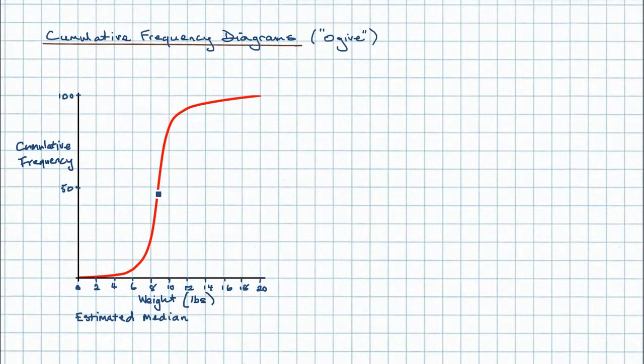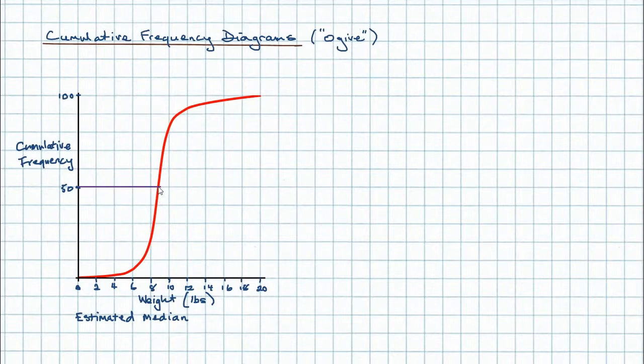Usually in exams you're asked to estimate the weight, in this case, of these cats. So estimated median, and you do that by drawing a cross. Let's draw a cross from 50 until it intersects with the line.